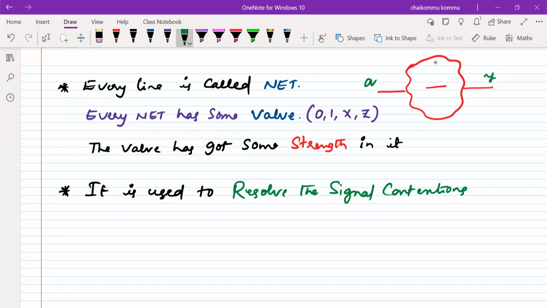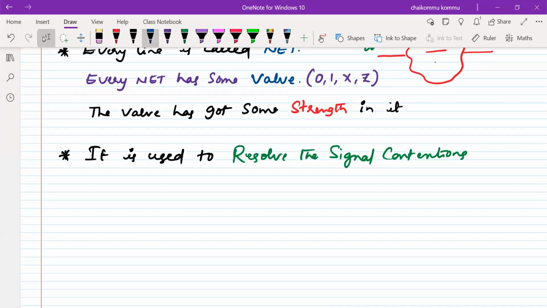Not only that, it is also used to reduce the hardware. These are the two purposes for which we use the strength of the value. We consider the strength of value when and where it is required. The main purpose is to reduce the hardware, as well as to resolve the problem of signal contention.